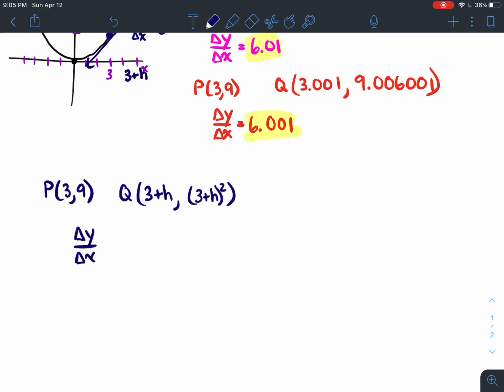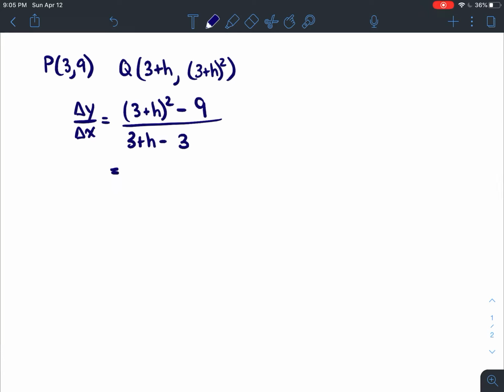So let's try to find the instantaneous rate of change this way. We take our y value of (3 plus h) squared, subtract our other y value, take our x values and subtract them. Let's just expand that bracket. (3 plus h) squared is going to be 9 plus 6h plus h squared, if we expand that binomial, minus 9, divided by 3 plus h minus 3, which is going to go away, so we just have h on the bottom.